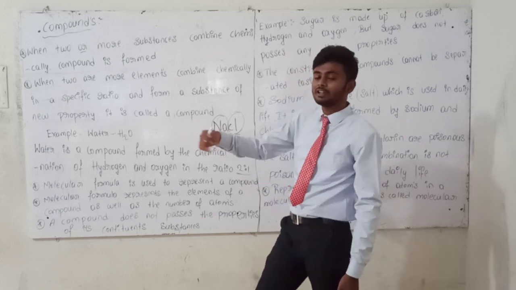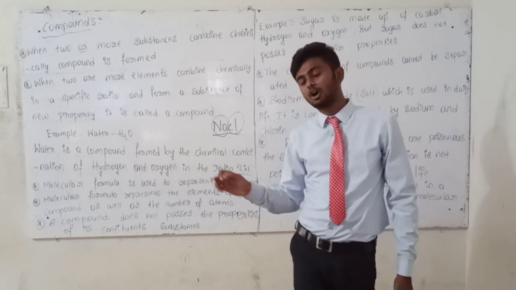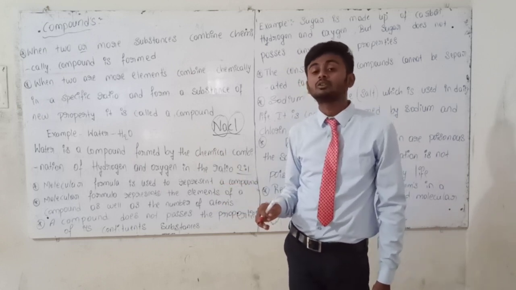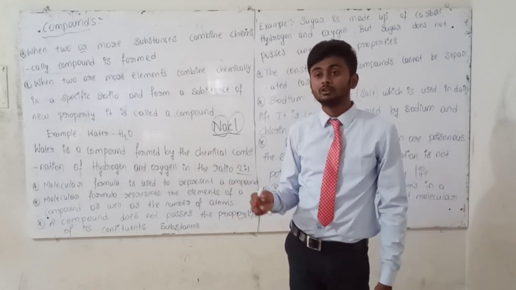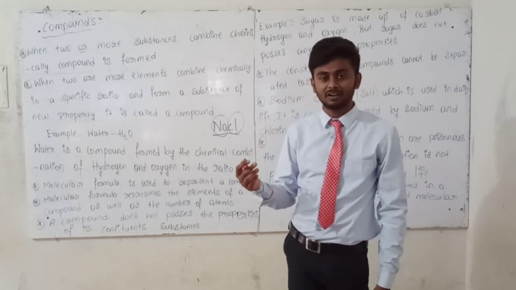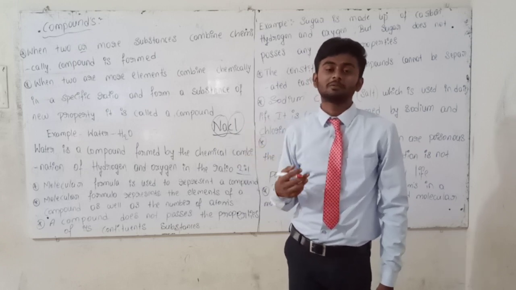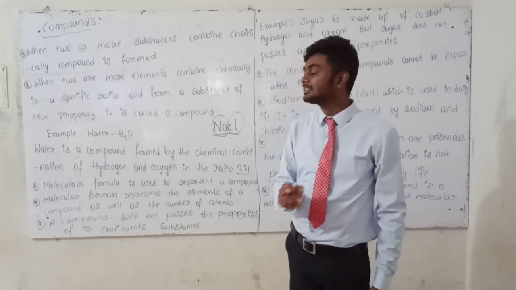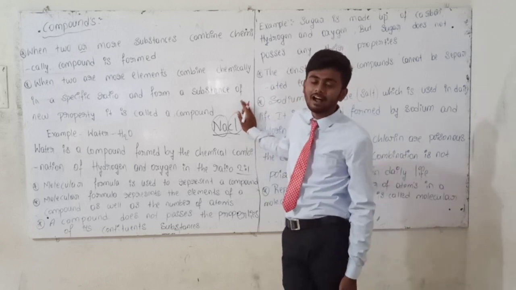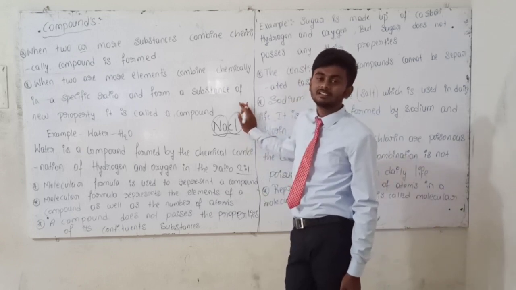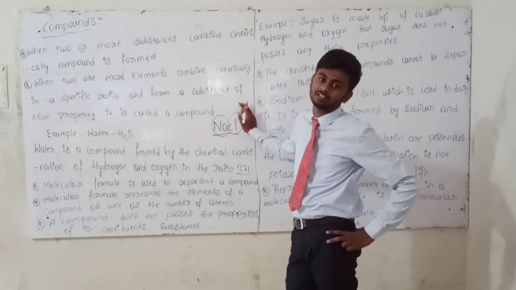When you go to the market and shops, you don't ask them to give 1 kg of sodium chloride. You ask, give 1 kg salt or 1/2 kg salt. Yes or no?